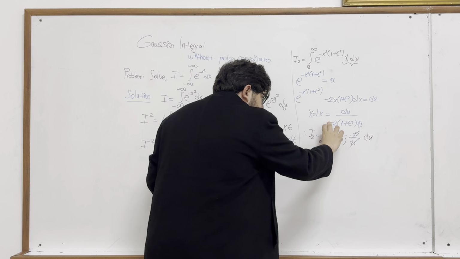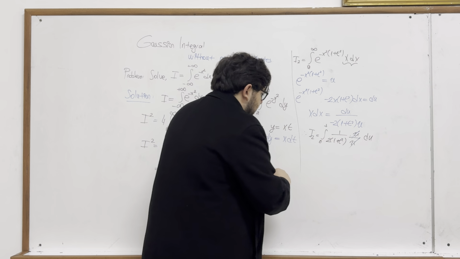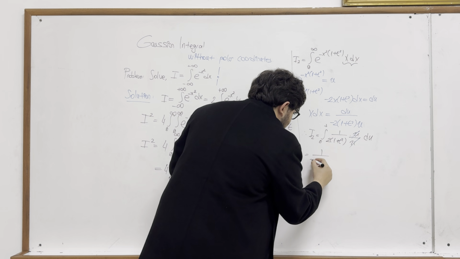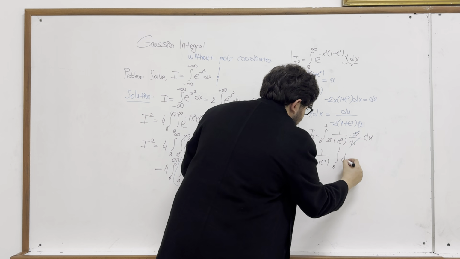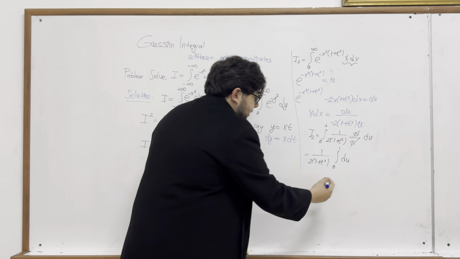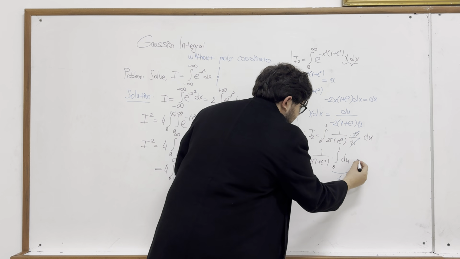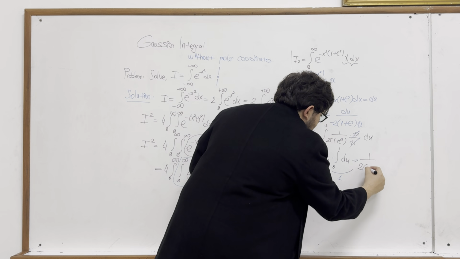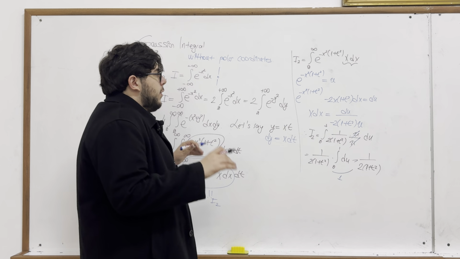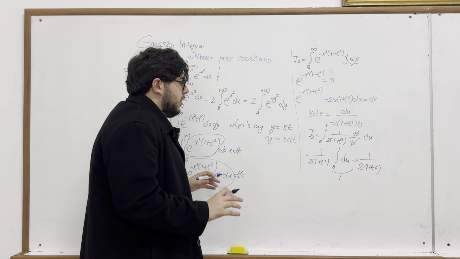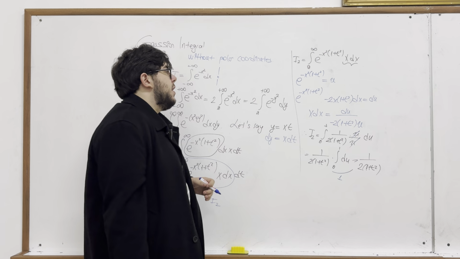So this integral's conclusion is just 1, and this integral has 1 over 2 times (1 plus t squared) as the answer. So we calculated the I2 integral and we found 1 over 2 times (1 plus t squared).